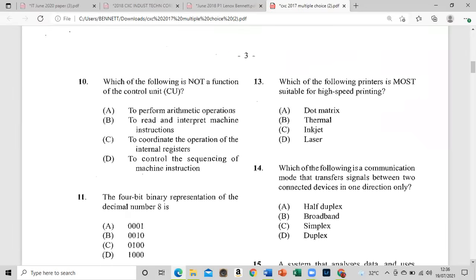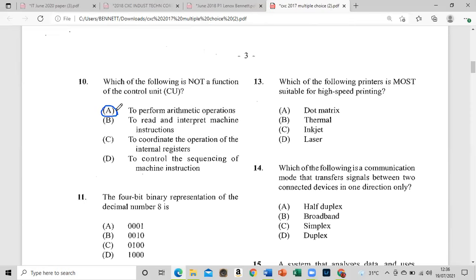Number 10 says, which of the following is not a function of the control unit? We have done this so many times. That is to perform arithmetic operations. All the rest are functions.